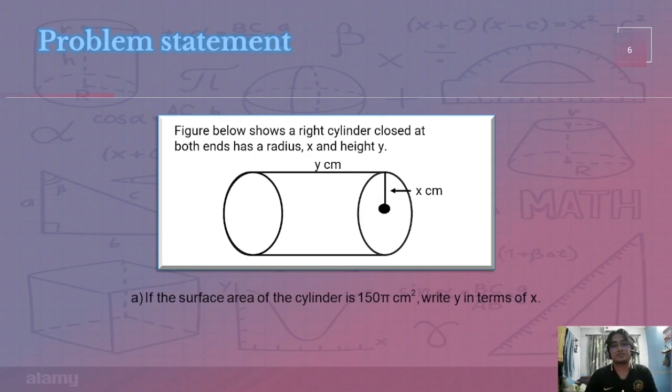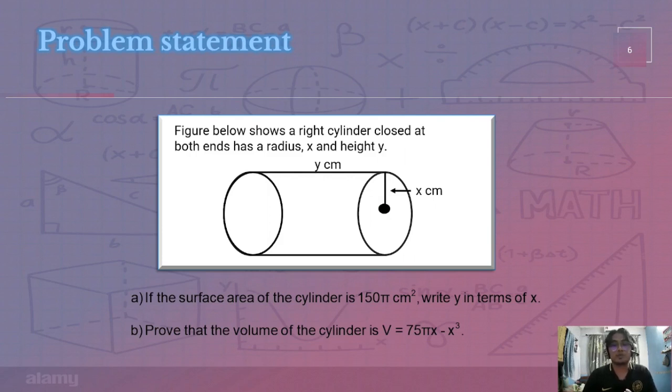Next, we can proceed to question A. If the surface area of this cylinder is 150 pi cm square, write Y in terms of S. For this question, we need to find Y in terms of S, given the surface area is 150 pi cm square. So next, we go to question B. Prove that the volume of this cylinder is V equal to 75 pi S minus S cube.